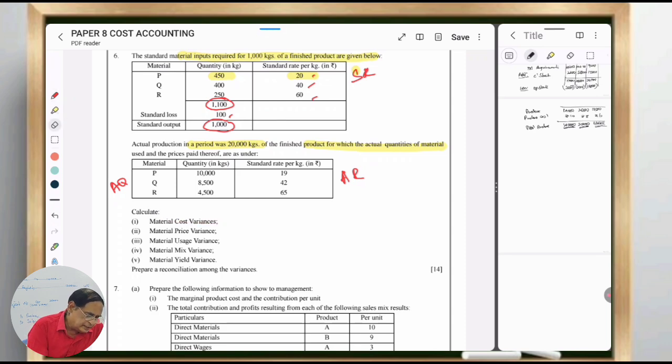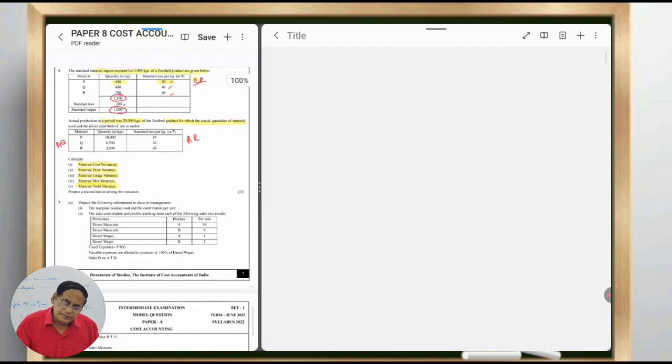Material price variance means actual quantity into standard price minus actual price. Material usage variance means standard price into standard quantity minus actual quantity. Likewise, for material mix variance, we have to find out the revised standard quantity. After that we will find out both material mix variances. We will see one by one. Here first we will calculate what things are required.